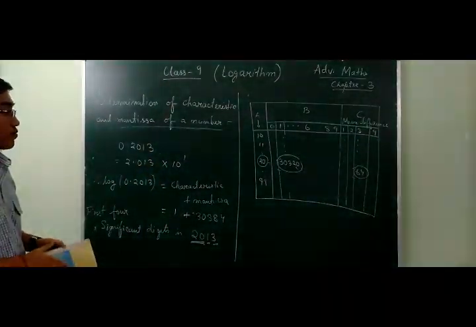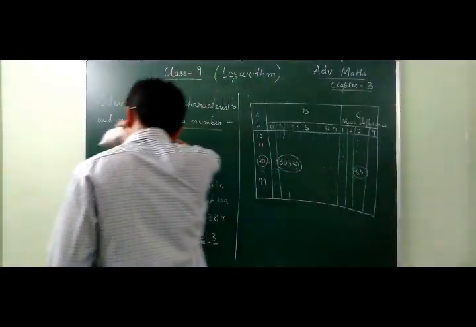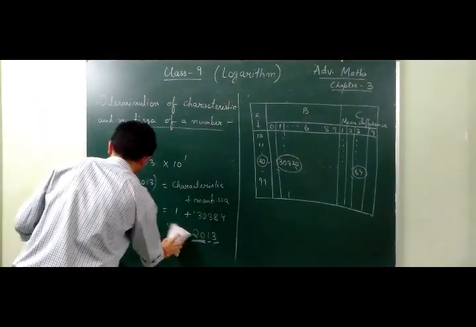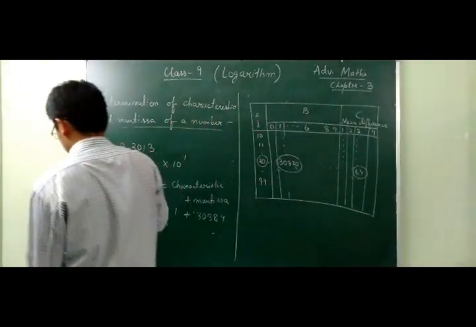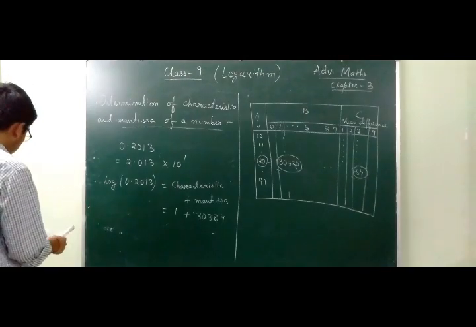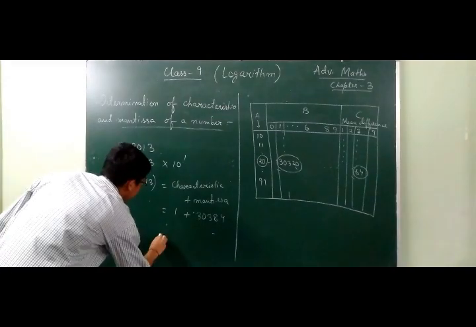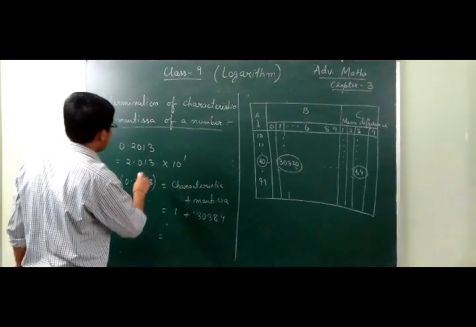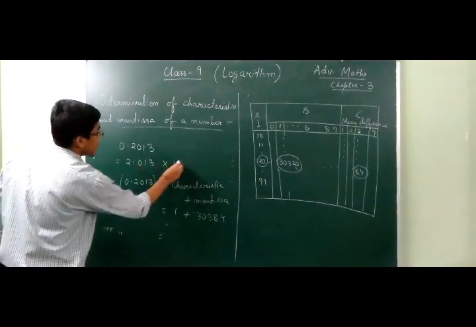So that means the log of this will be, okay, here one small mistake we have made. This should be minus, otherwise this will become 20. So this is minus 1.